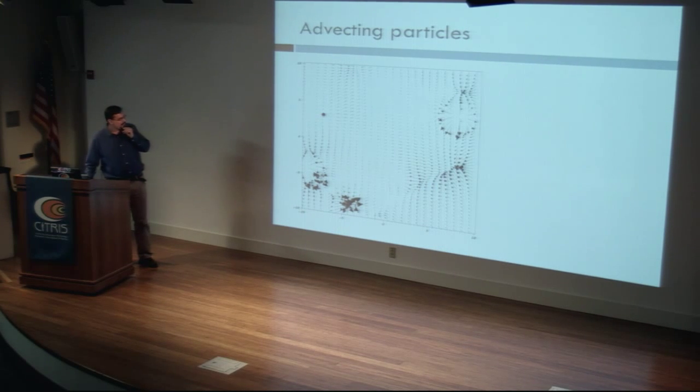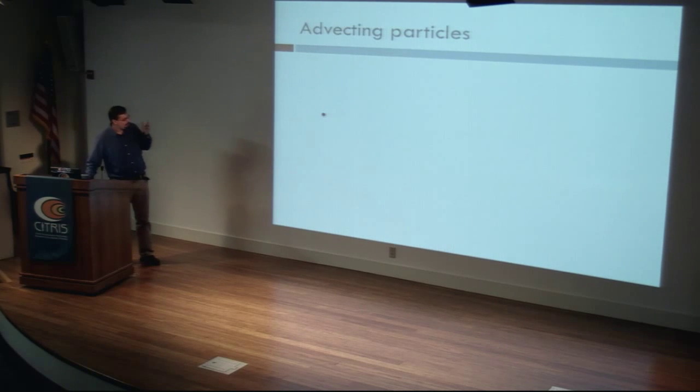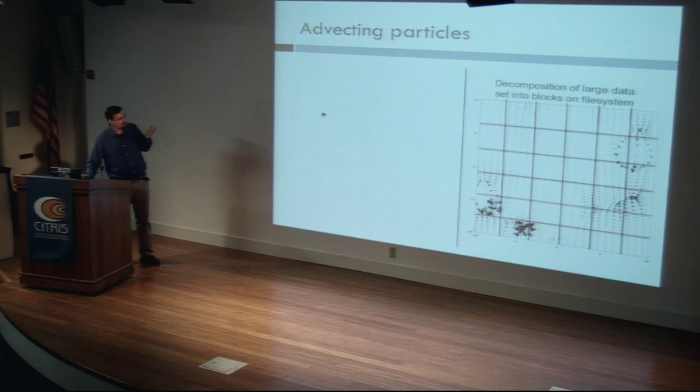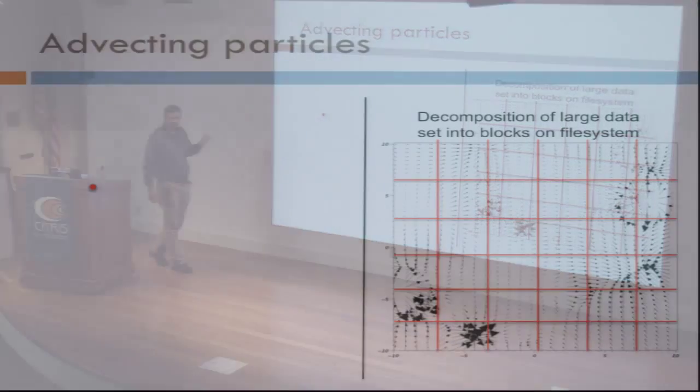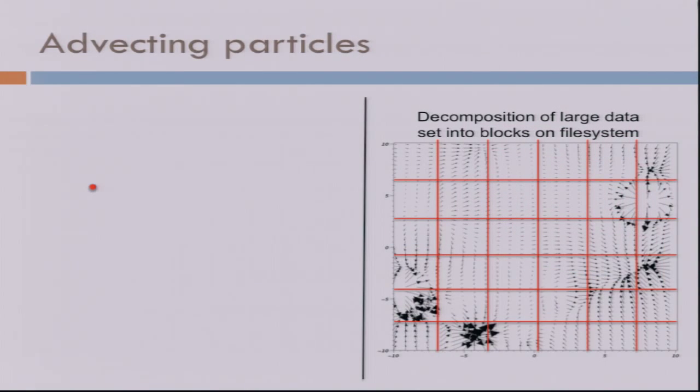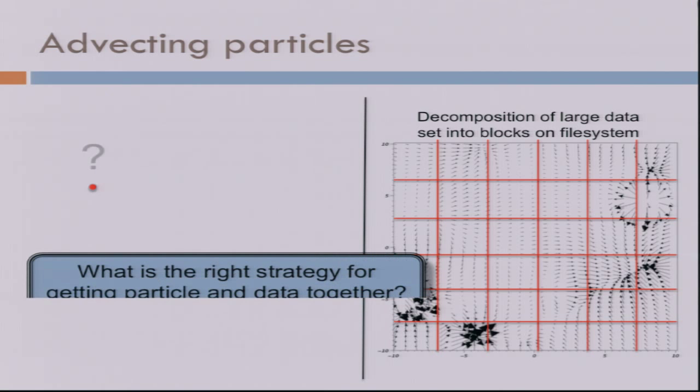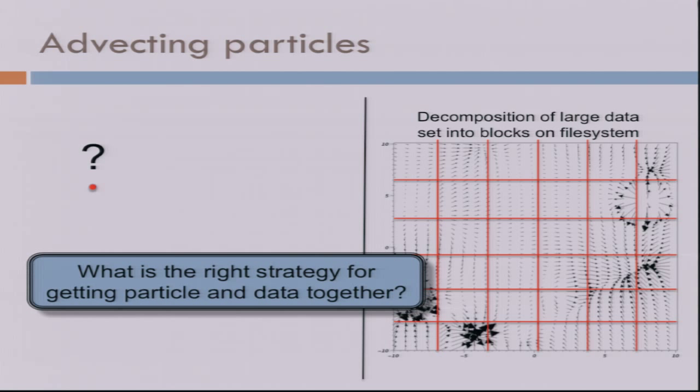The real situation is that you have some processing elements whose job it is to advect that particle, but it may not have the data at all. The data exists on some remote file system, the data is too large to be loaded into memory, but it is decomposed into blocks. So we need a strategy to get the particle and the data together so we can actually displace the particle, so we can move it.